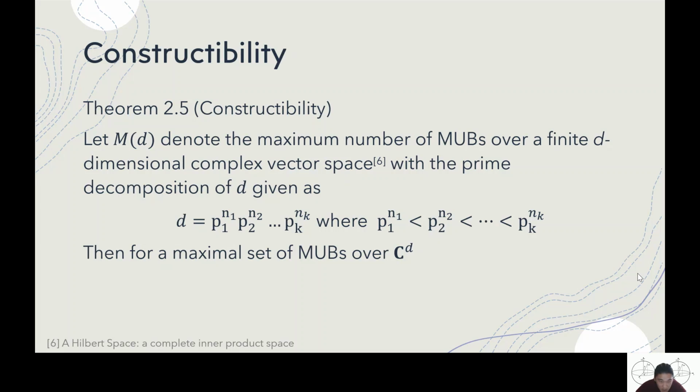And then for a maximal set of mutually unbiased bases over C^d, the number of mutually unbiased bases in a maximal set is bounded below by p1^n1 plus 1, and bounded above by the dimension plus 1. Hey, we've seen that somewhere before, this d plus 1.